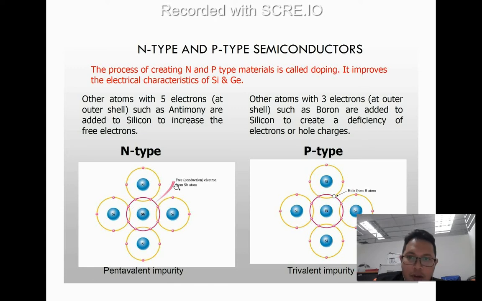Therefore, we have 1 free electron from this antimony atom. This will produce negative, because electron is negative, right?